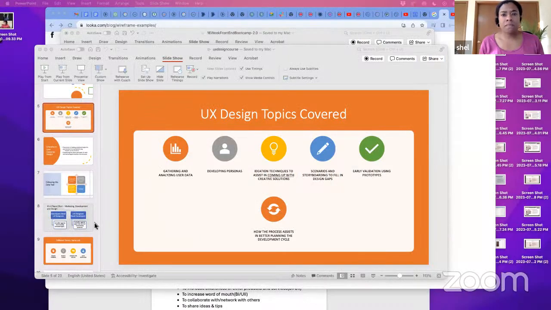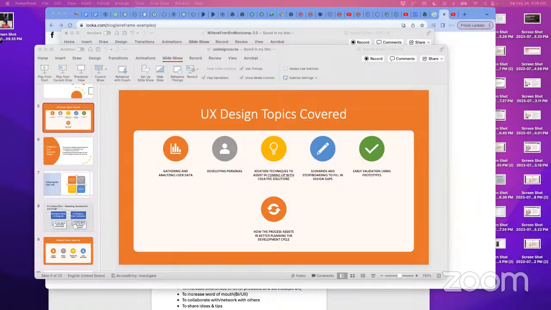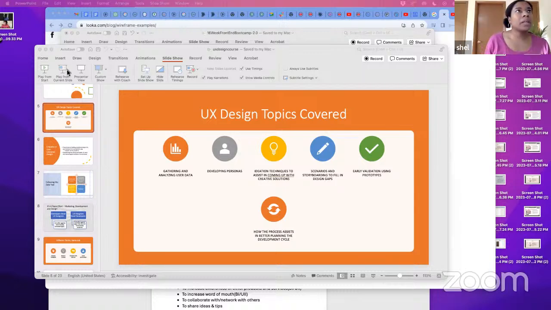Just in case you wonder why I'm always confused, I have like a million screens open, so I just have to navigate back to the one I'm trying to show you. Okay, I'm back here. What screen are you guys seeing? What do you see? UX design topics covered. Okay, cool.